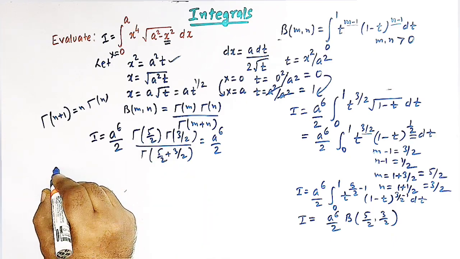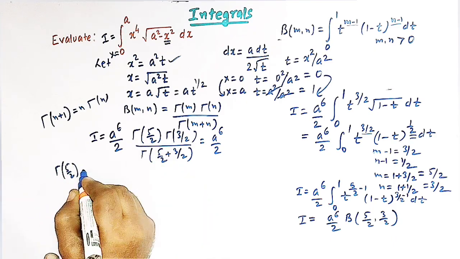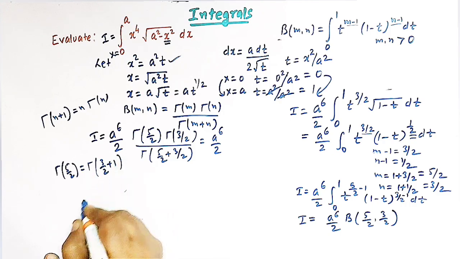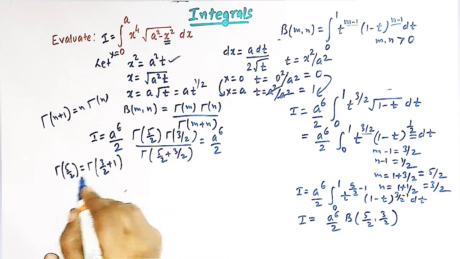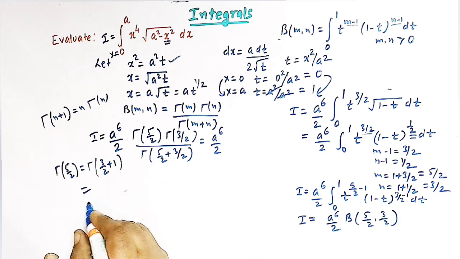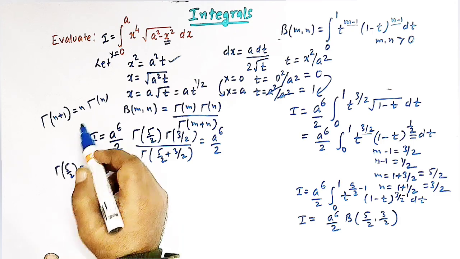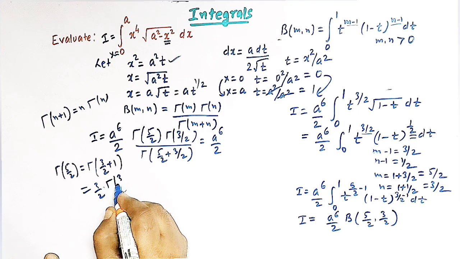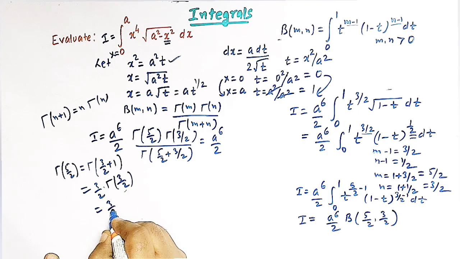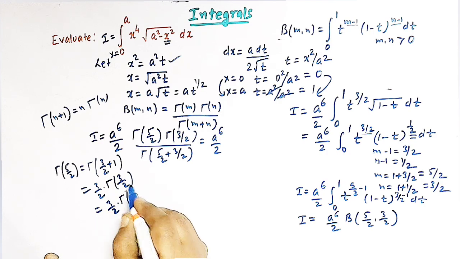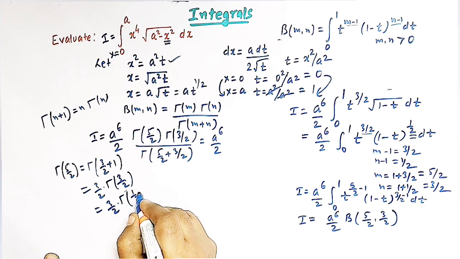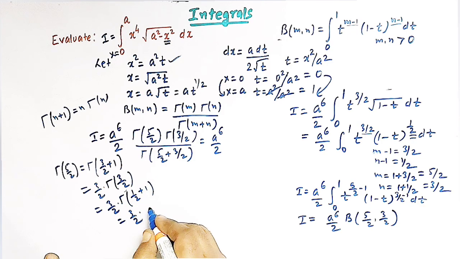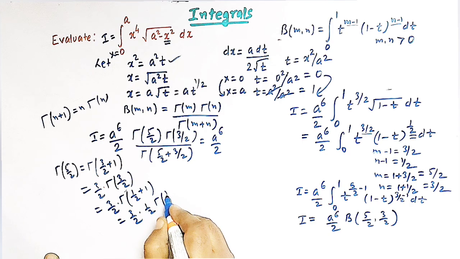So gamma 5 over 2 is equal to gamma of 3 over 2 plus 1. We can split 5 over 2 as 3 over 2 plus 1. Then we have 3 over 2 times gamma 3 over 2. Gamma 3 over 2 can be written as half plus 1, so we have 3 by 2 times half and gamma half.